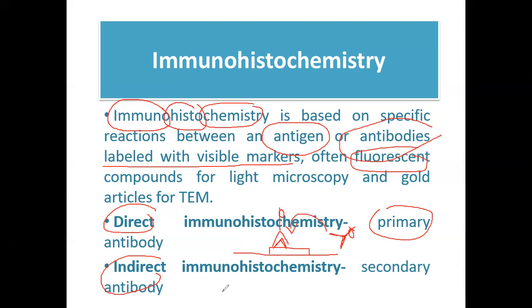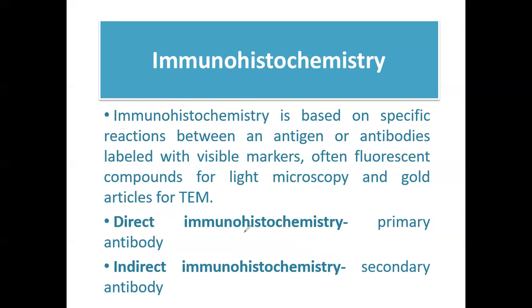In your indirect, it's the secondary antibody that is labeled. Paano naman, ma'am, yung sa indirect? Guys, if for example this is the slide, we have here the fixed tissue in the slide. For example, this is your antigen A. We are going to use two types of reagent antibody.